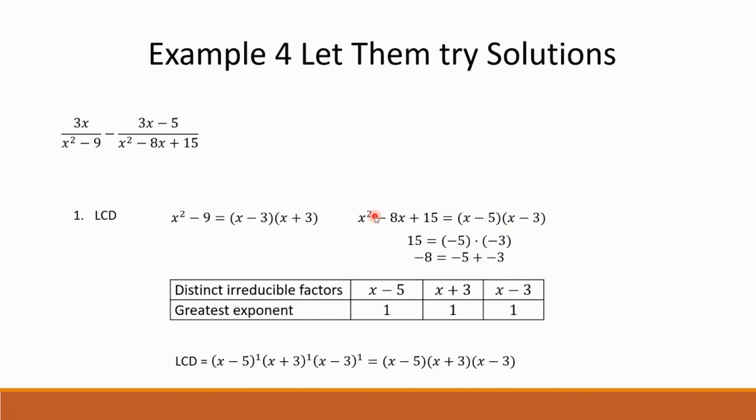So we want 2 numbers whose product is the constant term and whose sum is the coefficient of x. So we want 2 numbers whose product is 15 and whose sum is negative 8. What numbers do that? Well, 15 is negative 5 times negative 3. That works because negative 5 plus negative 3 is also negative 8. That's why we know this is the factorization: x minus 5 times x minus 3.